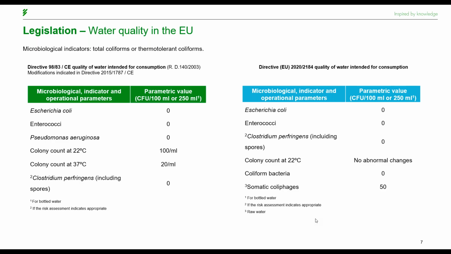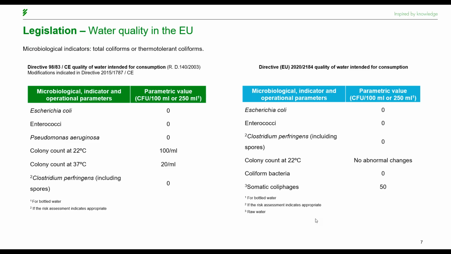However, given that research and technologies have advanced to such a degree, it has been necessary to substantially modify this directive. This has resulted in a new directive that was published at the end of 2020. This is Directive 2020/2184, and it repeals the previous one, and it must be adopted before January 13th, 2023, so we have a little bit over a year to do so.